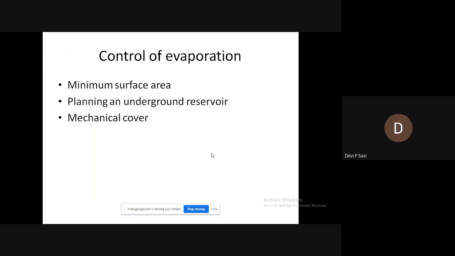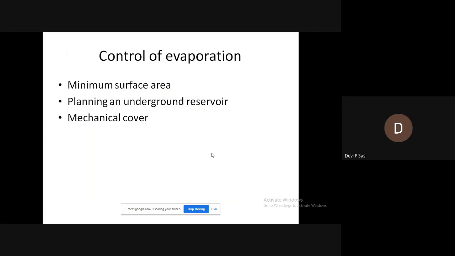It is desirable to plan an underground reservoir because the interaction with the open atmosphere is curtailed. The interaction with the open atmosphere is not found in an underground reservoir, so that water loss due to evaporation will be negligible.